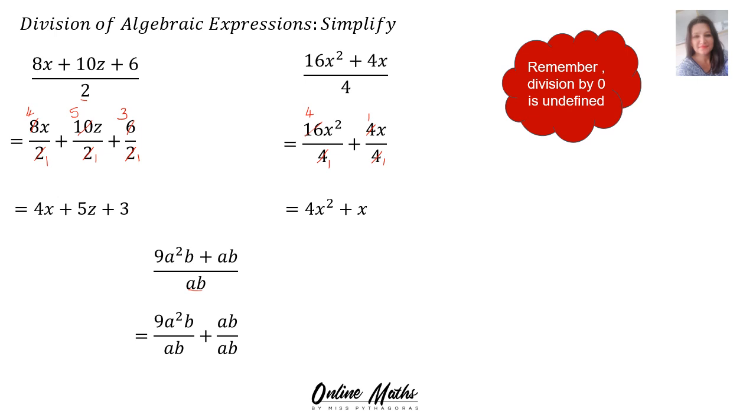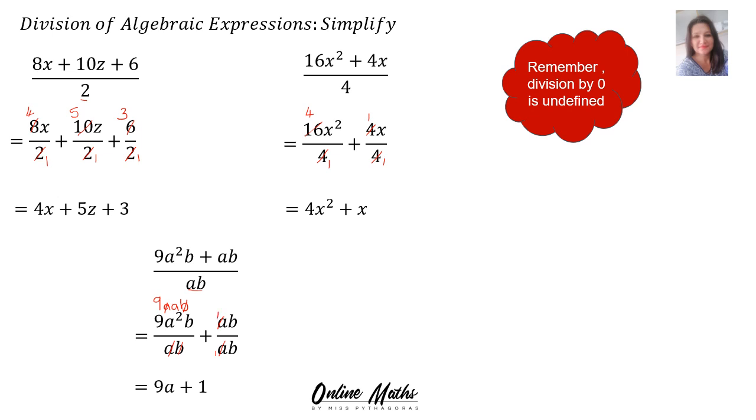But remember, here on 9a squared b, this is as if I have 9 times a times a times b. So what you do then is you can say a and a will cancel each other out, and the b and the b will cancel each other out. And then for the first term you will be left with 9a plus, and then what happened here on the second term, this is the same as a goes in itself once, a goes in itself once.